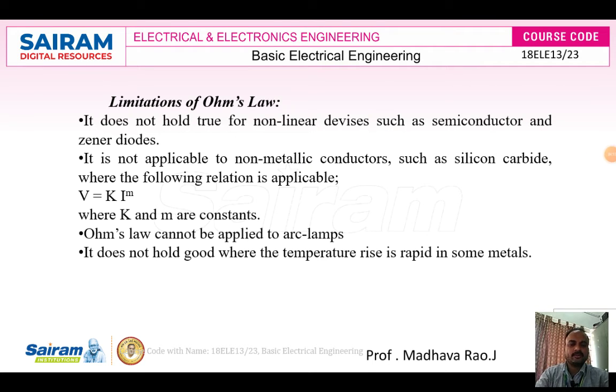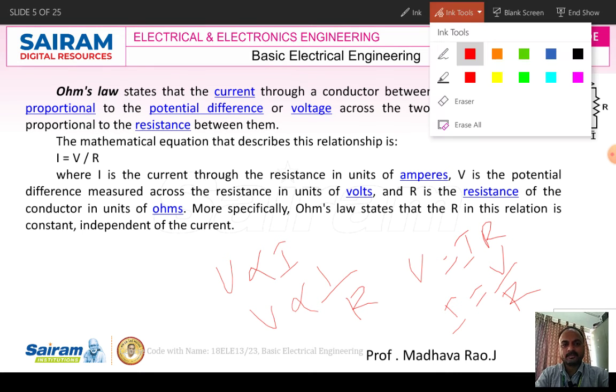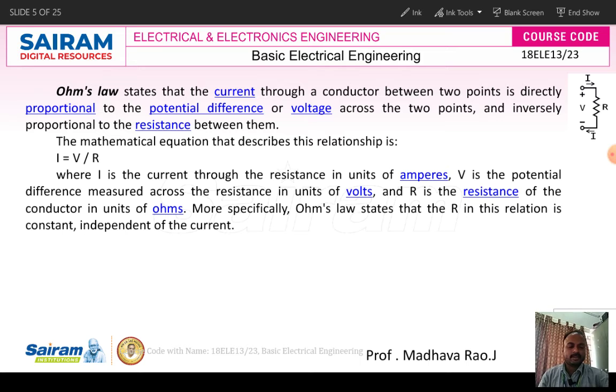Once again we will see Ohm's law. Since it is very important, we will revise Ohm's law and limitations of Ohm's law. Ohm's law states that the current through a conductor between 2 points is directly proportional to potential difference or voltage and inversely proportional to resistance between them.